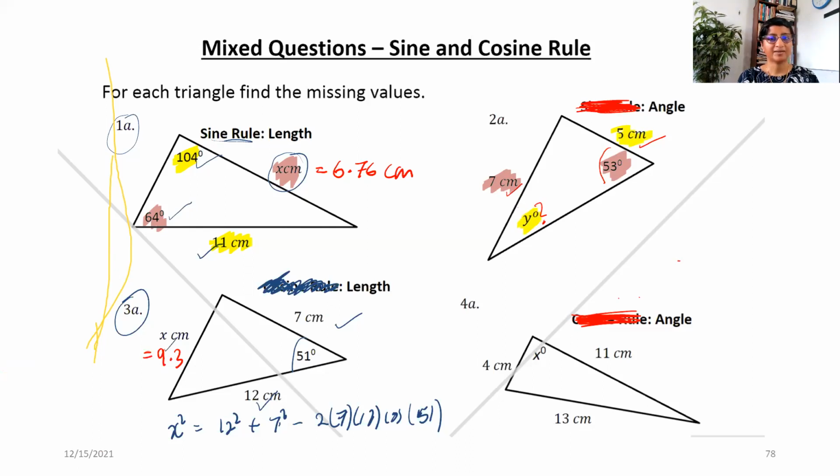What is that angle y? When you set up the sine rule, you start with y: sine y over 5 equals sine 53 over 7, because you can easily cross multiply and find it.